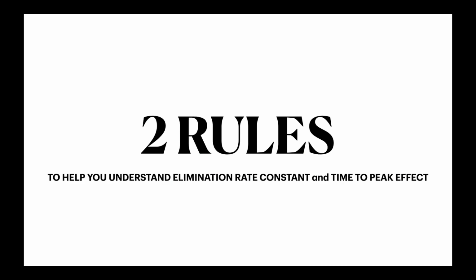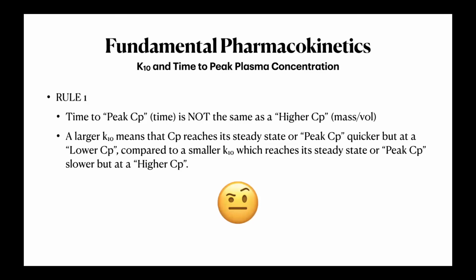These are the two rules I want you to have to help you understand elimination rate constant and time to peak effect. The first rule here is that time to peak plasma concentration is not the same as a higher concentration.